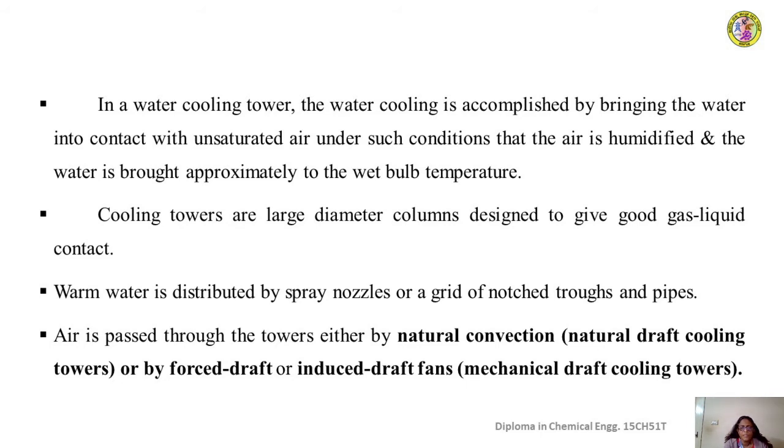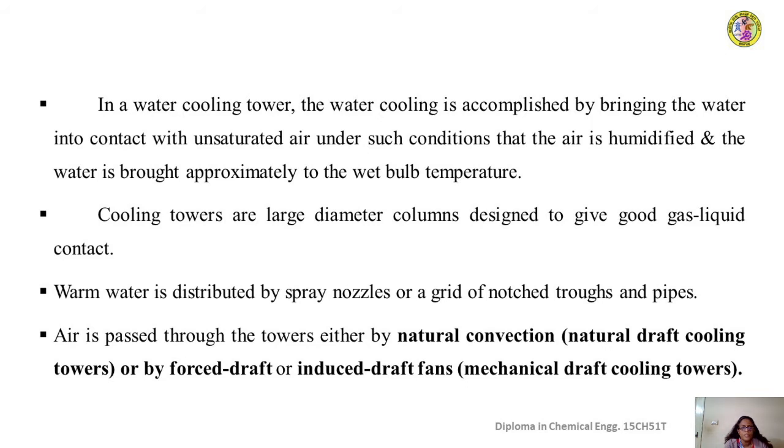In a water cooling tower, the water cooling is accomplished by bringing water into contact with unsaturated air under such conditions that the air is humidified and the water is brought approximately to the wet bulb temperature. So the cooling of water takes place as a result of the evaporation of water.